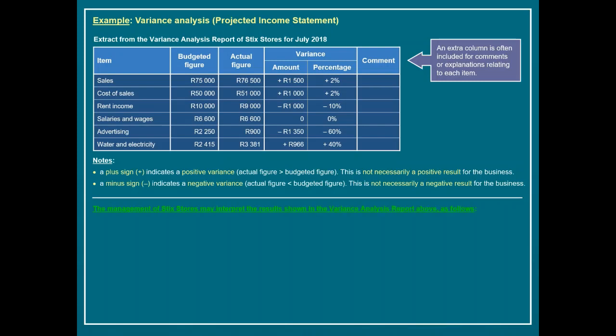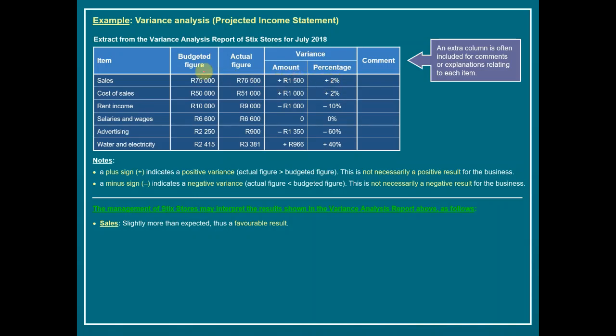Usually. The management of Stick Stores may interpret the results shown in the variance analysis report above as follows. Sales. You can see it's slightly more than expected, thus a favorable result. Actual bigger than budgeted, therefore positive variance, therefore a positive variance percentage.